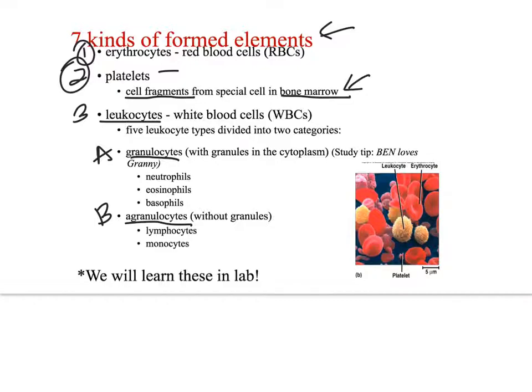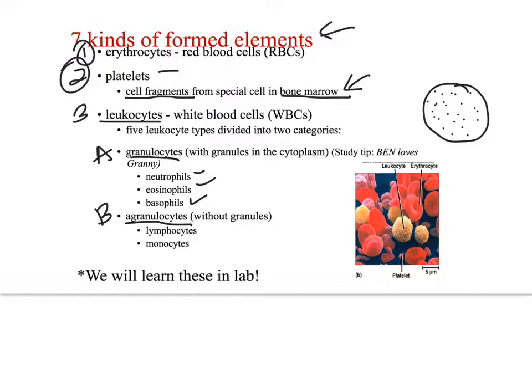When you look at these under a microscope, granulocytes have cytoplasmic granules that you can actually see, so the cytoplasm looks grainy. Granulocytes have 3 subtypes: neutrophils, eosinophils, and basophils.